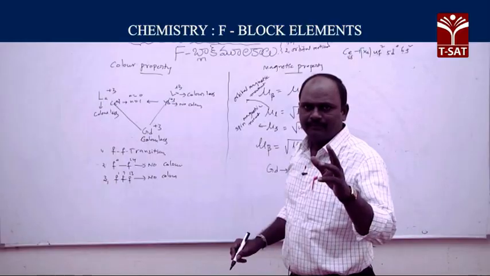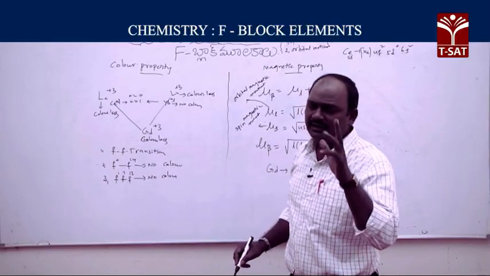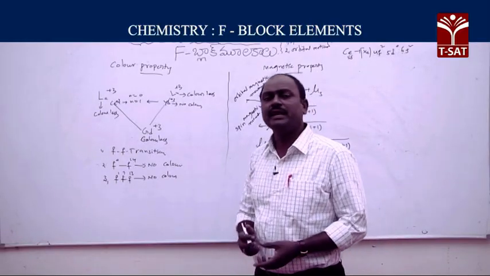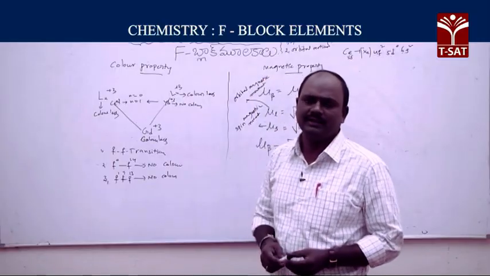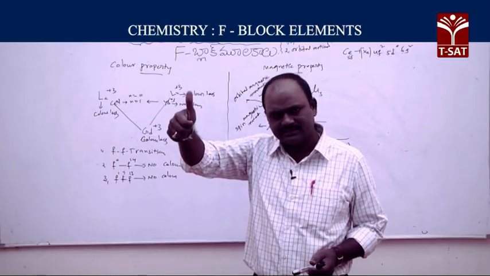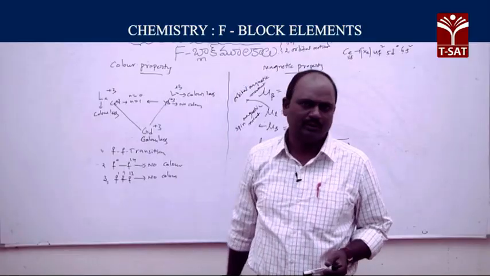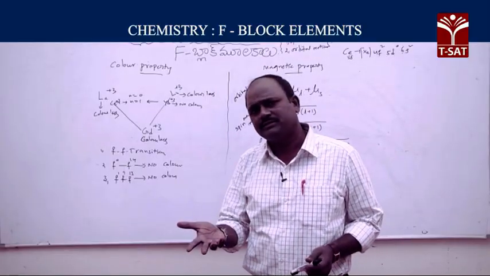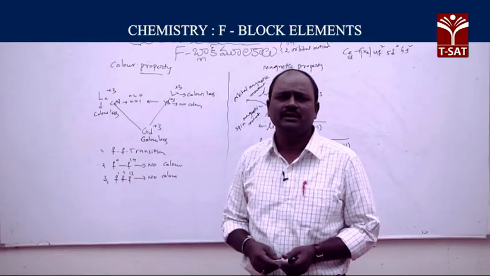Inner transition elements exhibit two kinds of magnetic property: the first one is paramagnetic property and the second one is diamagnetic property.